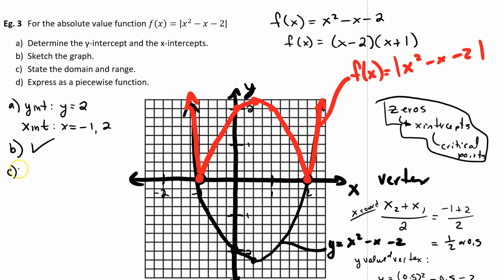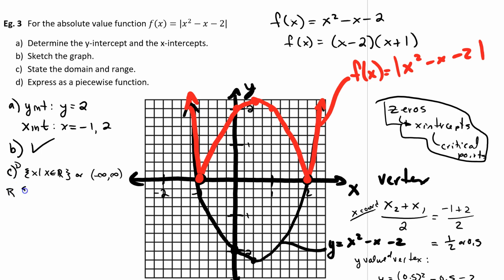C, state the domain. For the domain we can say x such that x is an element of the reals. You know how I switch it up sometimes? Sometimes I just say x such that x is real. It's whatever you want. Or we can simply say from negative infinity to positive infinity if you like interval notation.